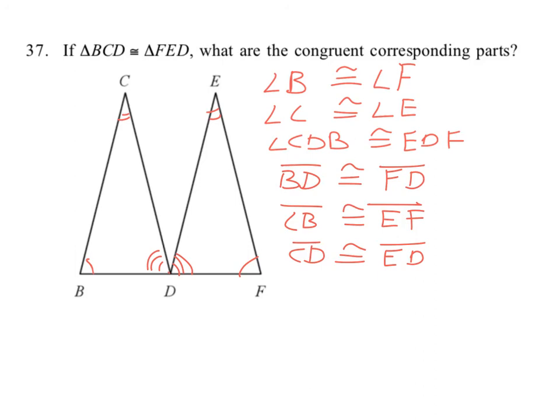Okay, so those are the 3 angle pairs and the 3 side pairs that are congruent. And we could put the marks to show that. And you should know there's six pairs of congruent parts in 2 congruent triangles, the 3 angle pairs and the 3 side pairs.